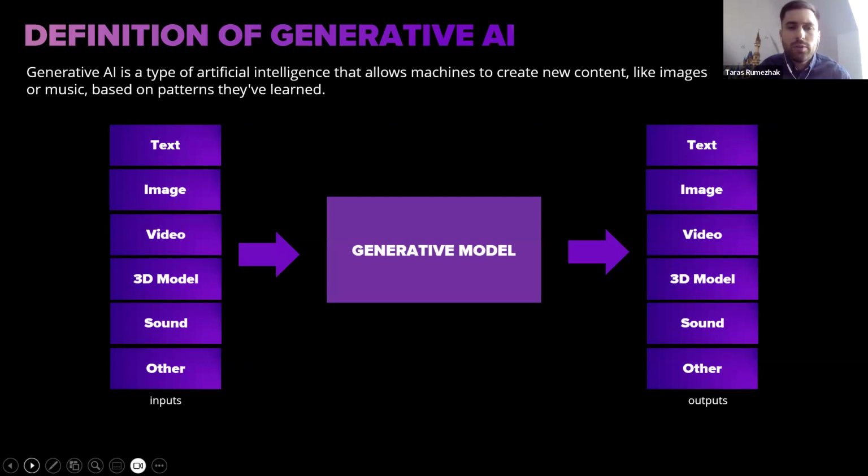Why is it important? Because sometimes the patterns might be developed from textual data, from image, video, different guidance, but sometimes it can be just noise or nothing. It can be a random generative model, and actually we can generate different modality data, and we can have inputs and outputs of any modality you want.